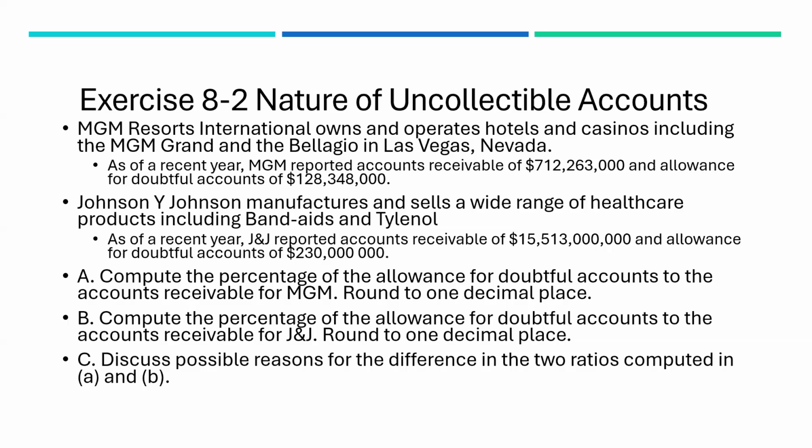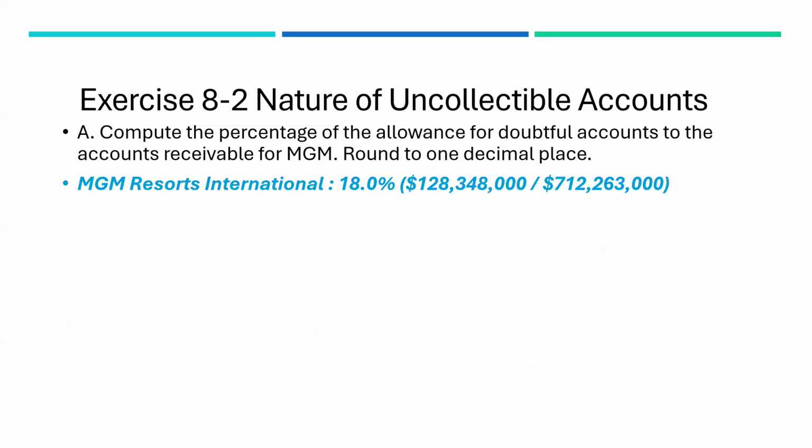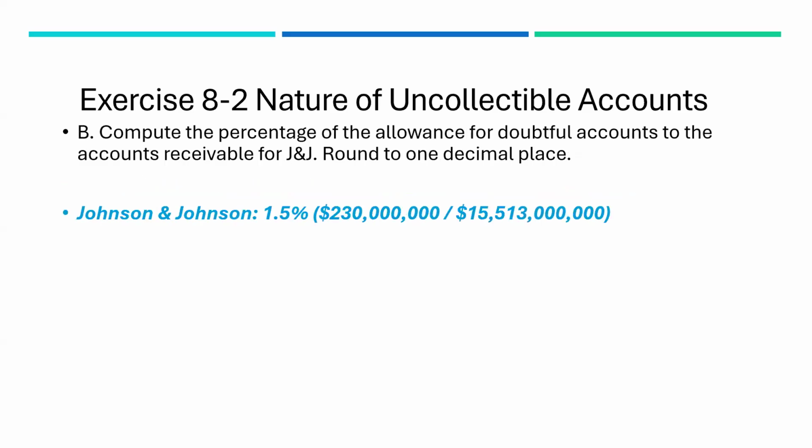And Johnson & Johnson had 15 billion in accounts receivable and 230 million in their allowance for doubtful accounts. So we're going to compute the percentage for each of these. MGM Resorts had an 18% reserve for their allowance for doubtful accounts, and Johnson & Johnson had a 1.5% reserve.